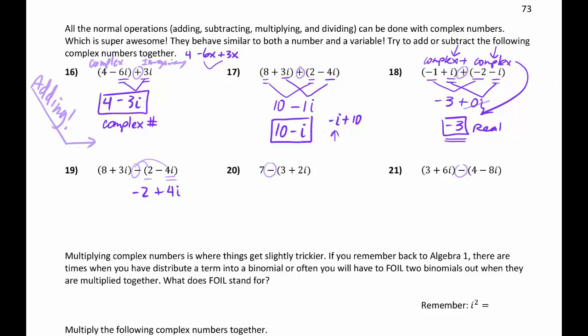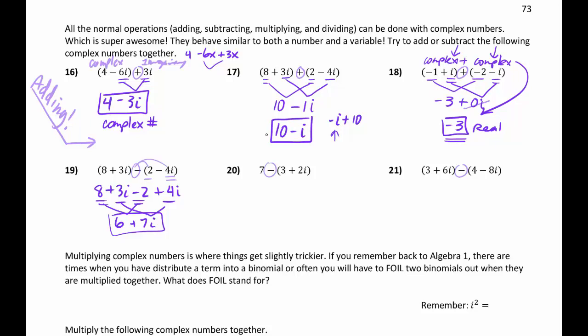And so distributing the negative basically takes care of the trick for this problem, and we can just combine the things together that go together after this. So 8 and negative 2, that makes 6. 3i and 4i, that's going to make 7i. Keep in mind, don't combine these things. That is where it finishes.